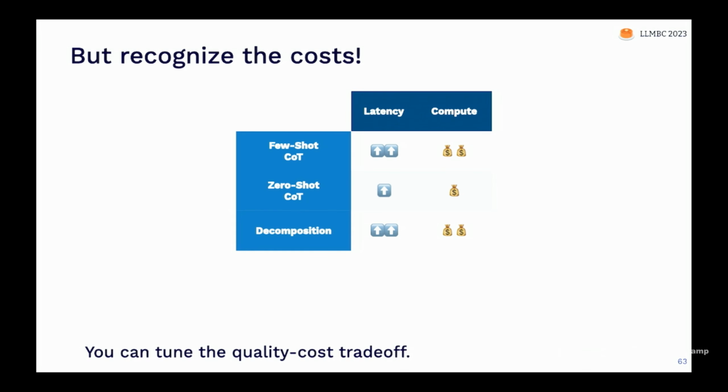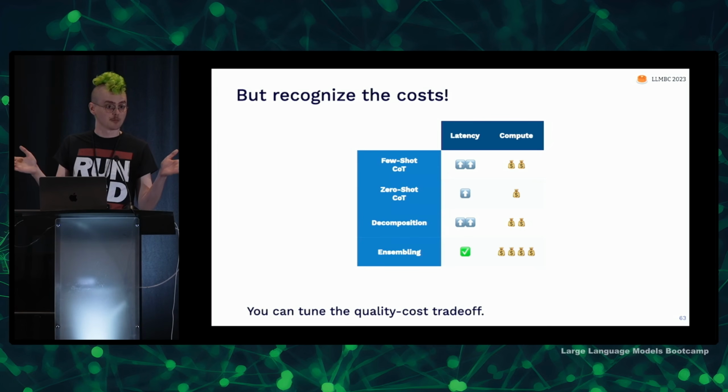Decomposing into sub-problems is generally going to increase the length. It's often done with demonstration examples, so it also has an impact on latency. Ensembling is very cool because it has no impact on latency in principle. You can run all of your requests in parallel, but for every parallel request you run with an API service, that just increases your compute costs.